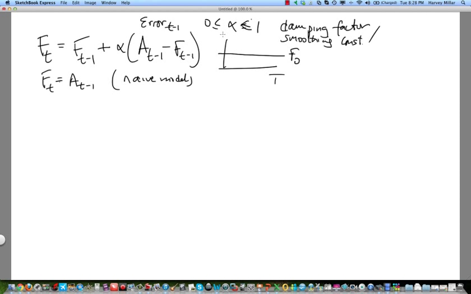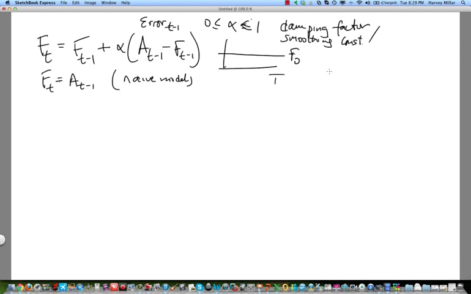That's why the value of alpha has a damping effect. When it's 0, total damping. When it's 1, no damping whatsoever. And so we've got to find the right value of alpha that will come as close as possible to the actuals. What is that? We typically don't know ahead of time. We have to experiment a bit to figure out what that is.